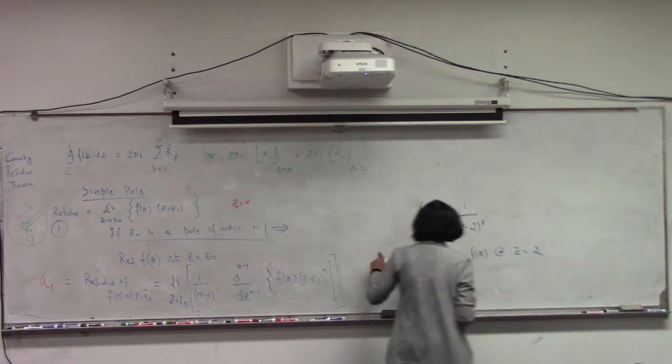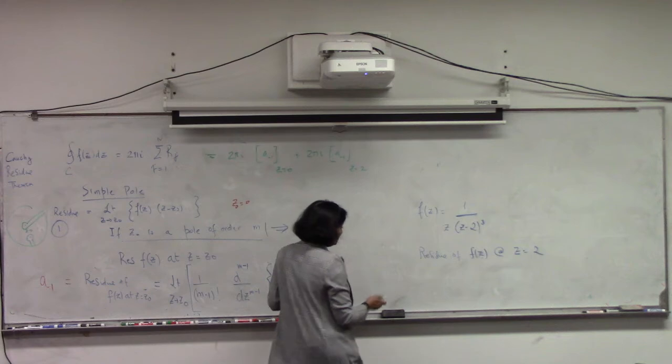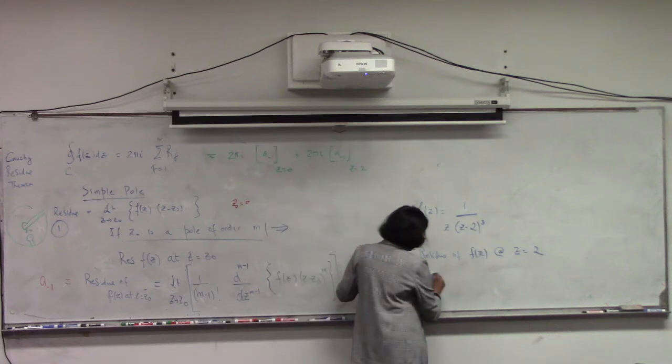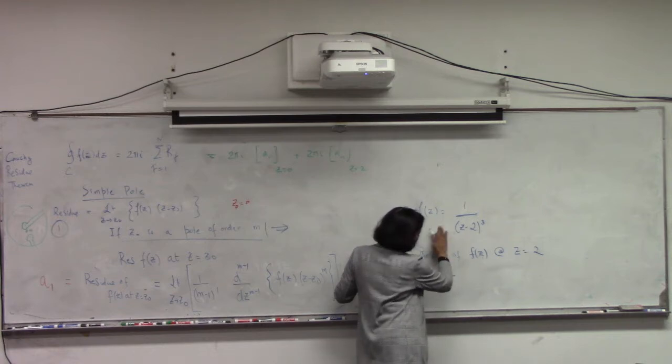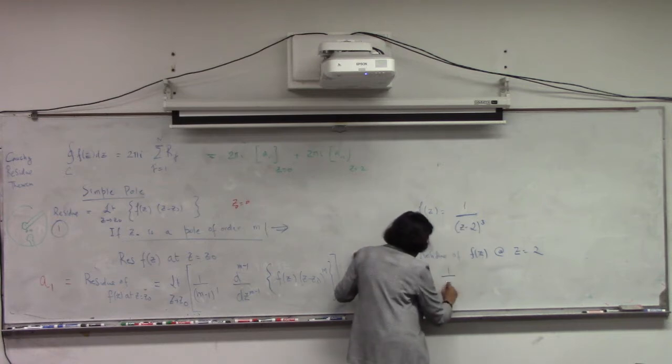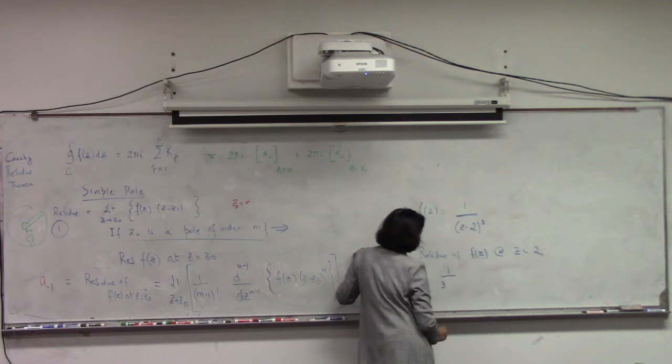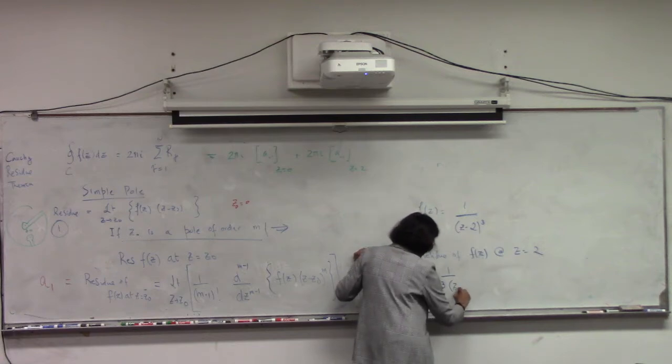Let's see what happens. g of z is 1. Okay, nothing I have to do. And then I have to take, let's do this for 3, because it becomes easier. What happens?